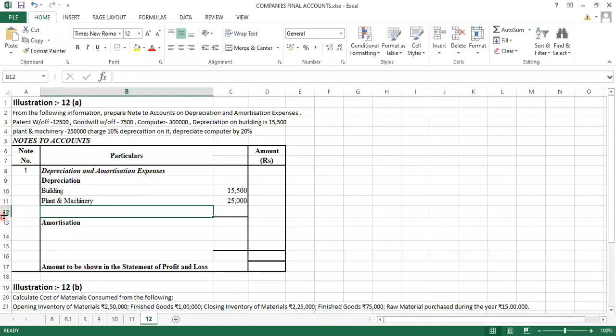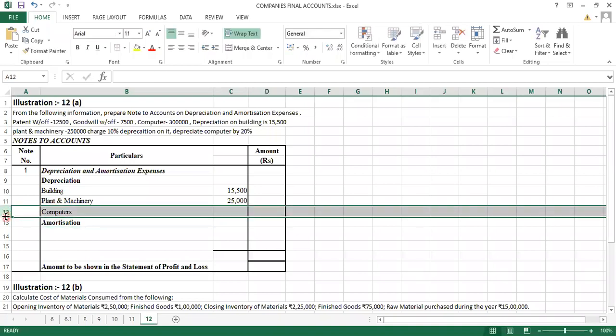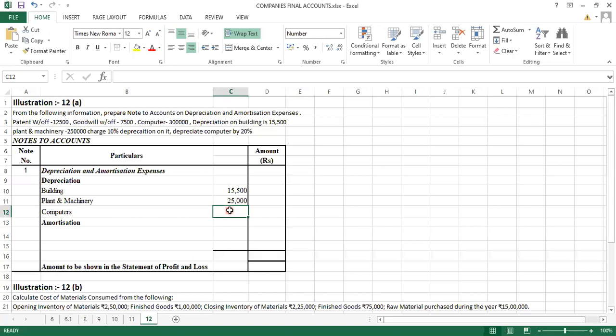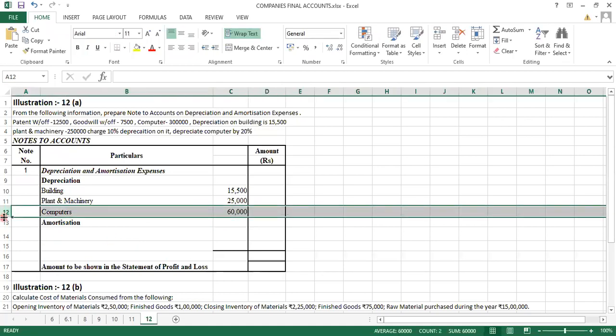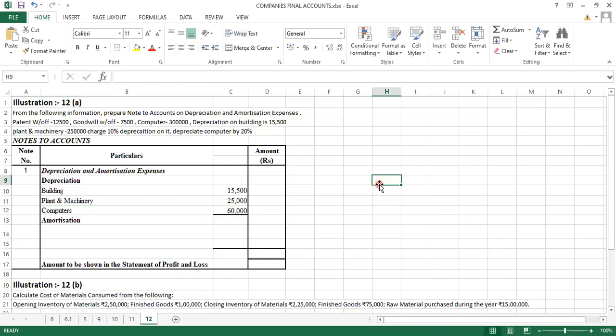So on computers we have to charge 20%. Take a total and write in the outside column 1,05,500.